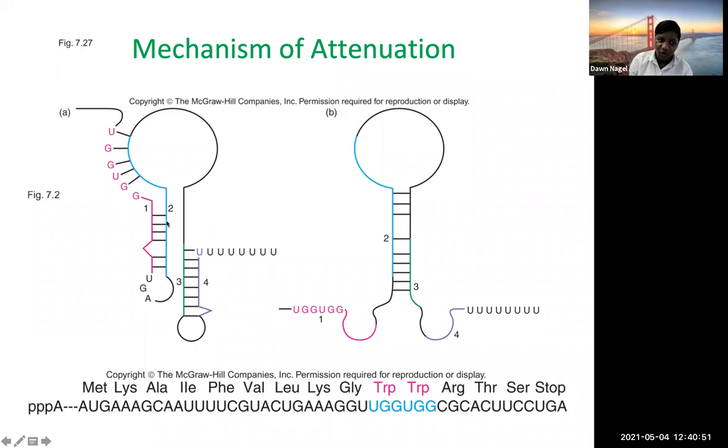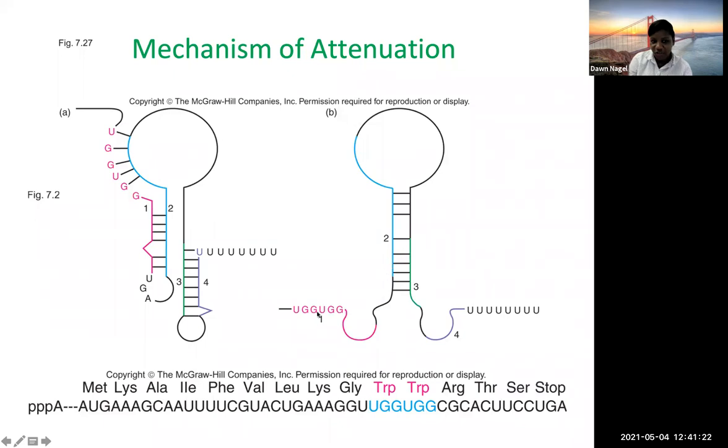So 1 and 2 will form one hairpin structure, and the other hairpin structure, where there's similarity in the sequence, will be formed between 3 and 4, which you don't really necessarily see here. The same sequence, for whatever reason, as we will discuss, probably will not be formed. So instead you have a hairpin structure being formed between the region of 2 and the region of 3.